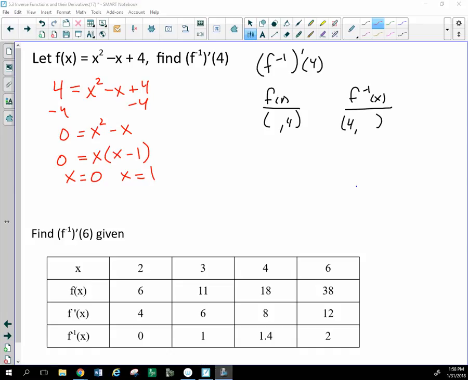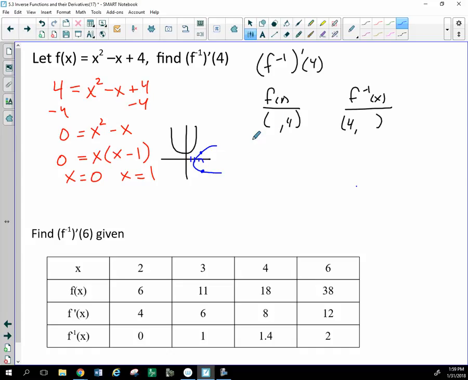Remember that this graph is originally a parabola that looks like this, which does not pass the horizontal line test. So the inverse is going to look something like that. What we're going to find is that when the x value of the inverse is 4, so 1, 2, 3, 4, we're going to have two different y values that work for us, which are going to give us two different slopes.